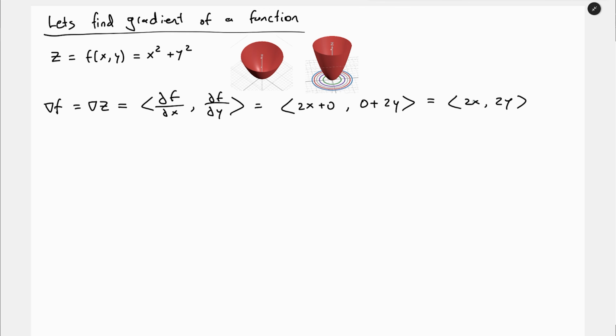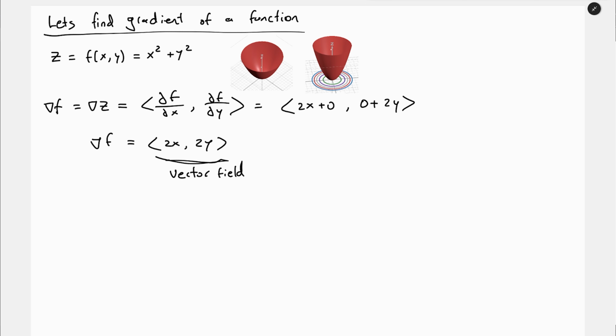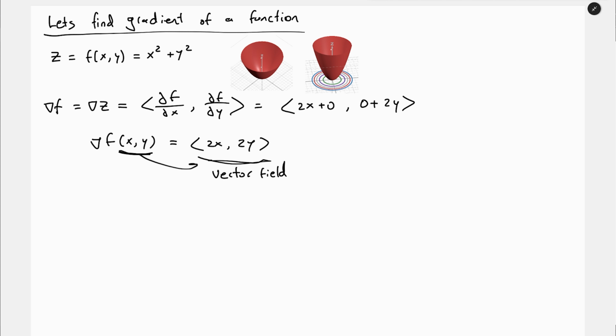So you might notice that this is a vector field. Actually, maybe I will do it this way. This is a vector field. Maybe because I don't have the x, y here, you get confused, but like I said, this is our location and our vectors depend on the location.